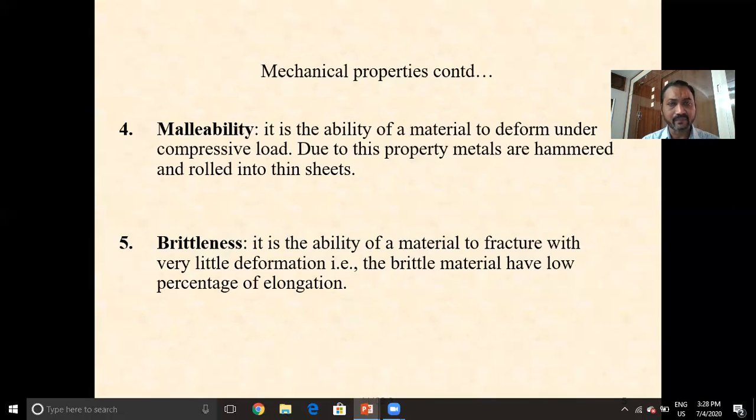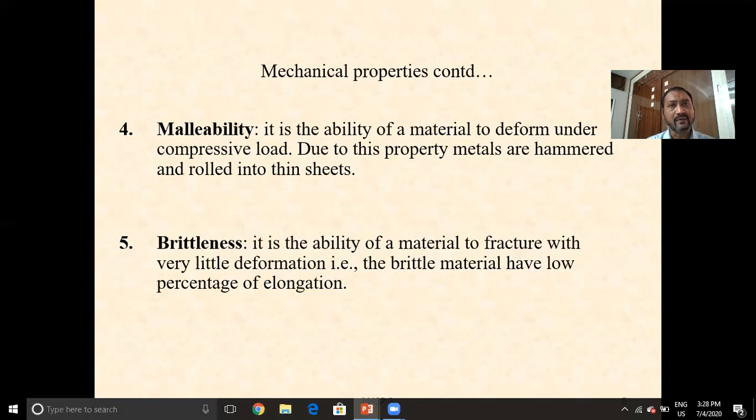Now coming to engineering applications, cast iron has more brittleness as compared to other materials. So cast iron cannot be used for applications where high strength is required, where it is subjected to tensile stresses.